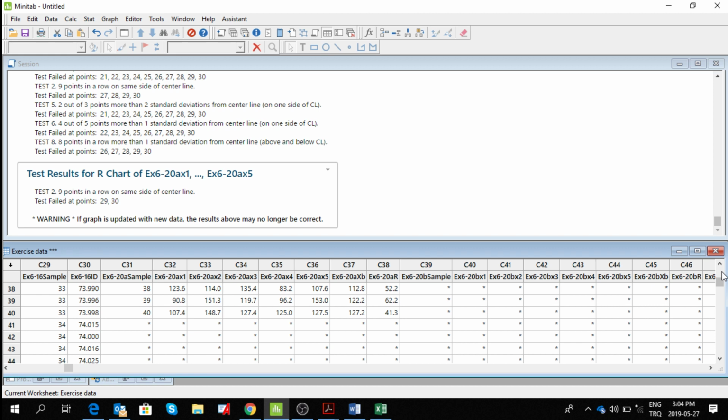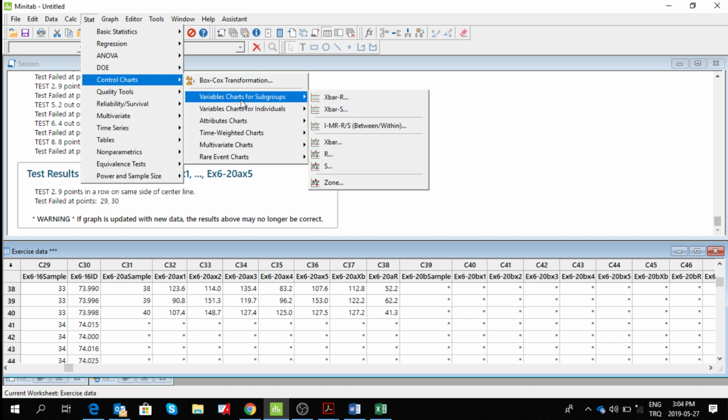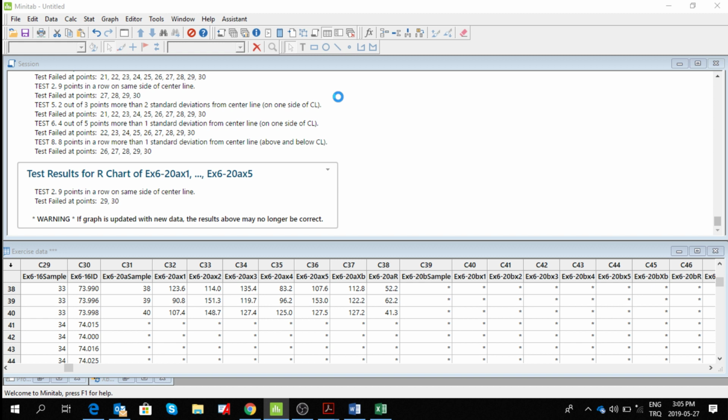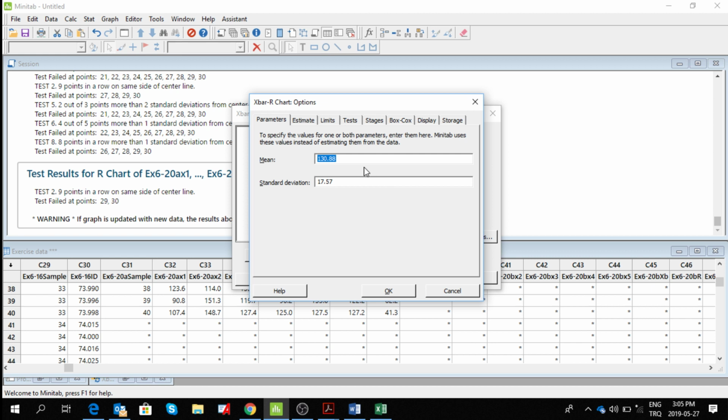So we are going to run the X bar chart again. This is the data set that contains 40 samples. And what are the options we have?